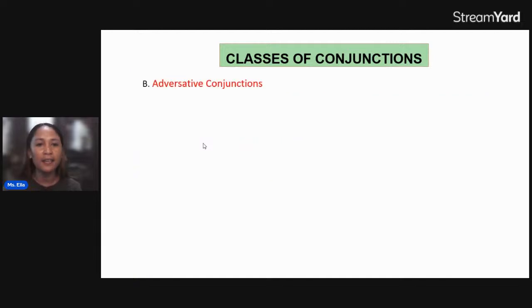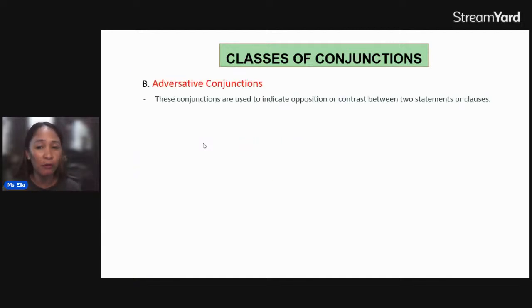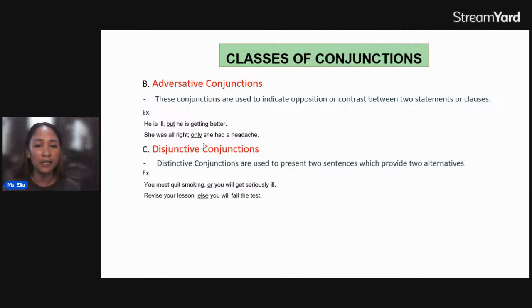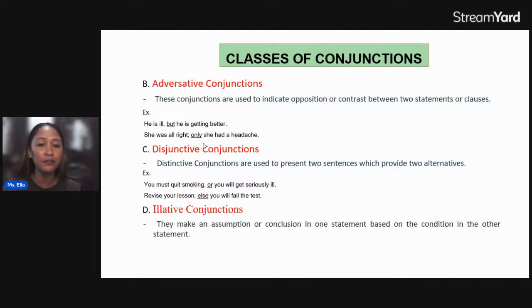Next, for adversative, we have here to indicate opposition or contrast between two statements or clauses. For disjunctive conjunction, it presents two sentences which provide two alternatives. And for elative conjunction, make an assumption or conclusion in one statement.